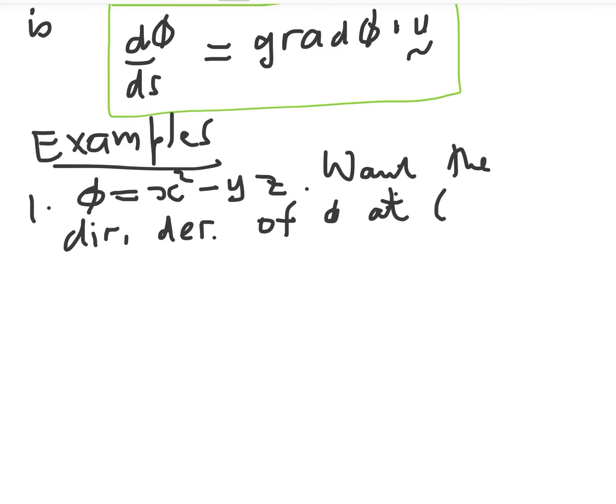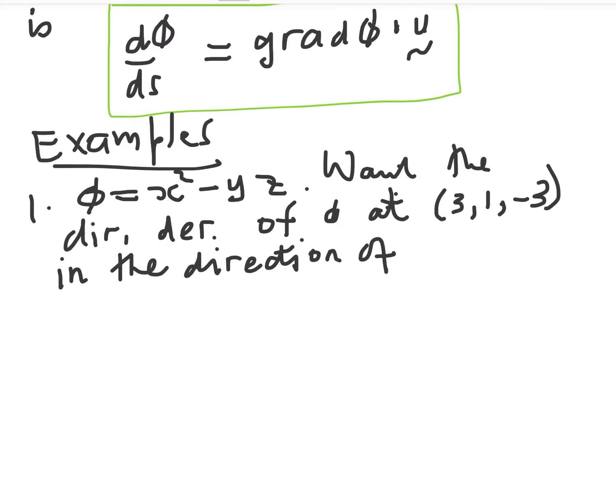So this is at 3, 1, minus 3, and of course this is a point on the surface, in the direction of some given vector, in this case 2, minus 2, 1.